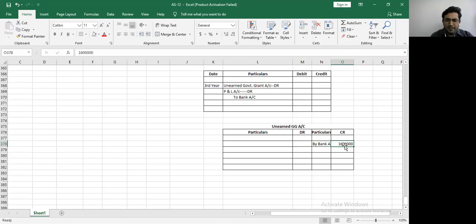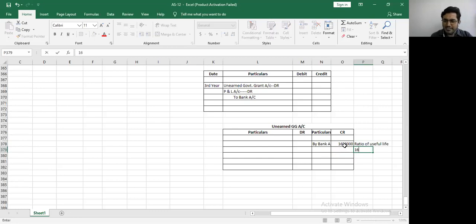Again, I am repeating. This 16 lakhs will be transferred from the unearned government grant account to the profit and loss account in the ratio of useful life. Look at the question and tell me, what is your useful life? Everyone, in your question, what's your useful life? 4 years?